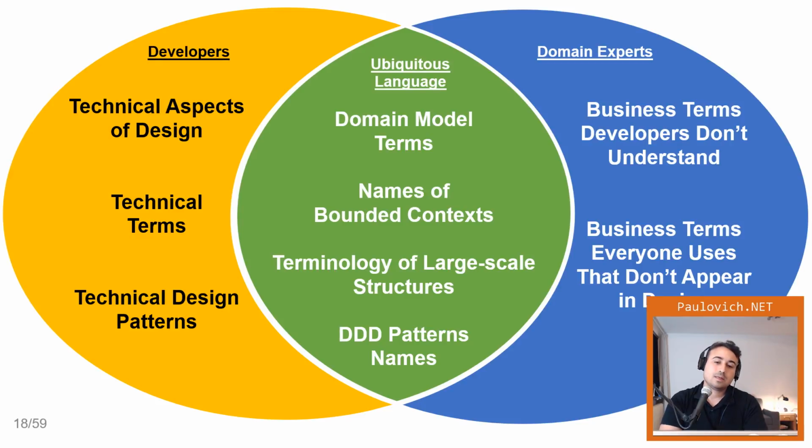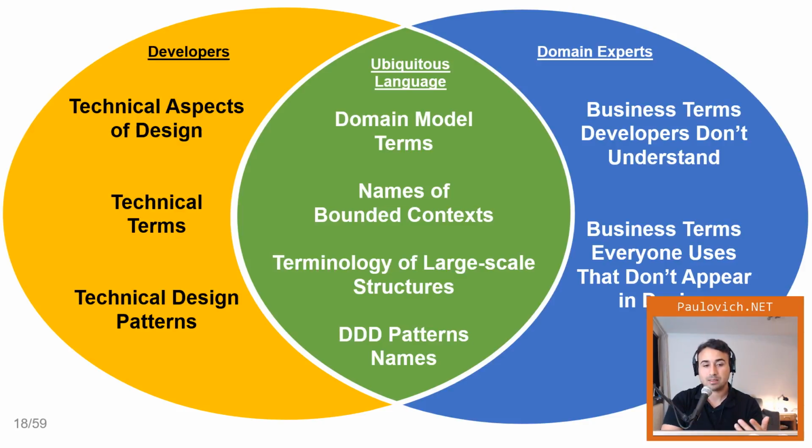And another important piece of information in domain-driven design is the ubiquitous language. The ubiquitous language is a series of concepts that are shared between developers and domain experts. The intent is to create a common vocabulary that is clear for developers and domain experts.